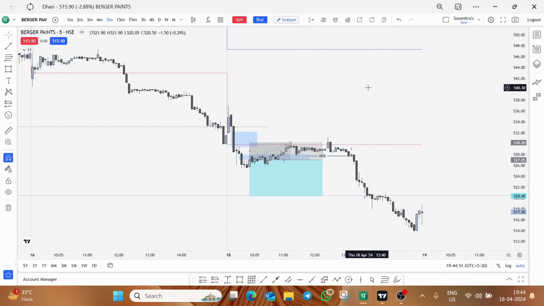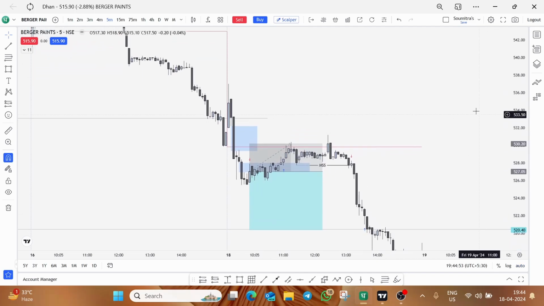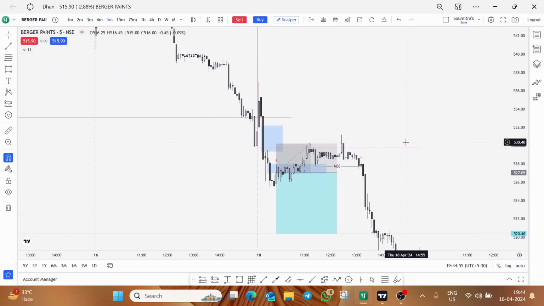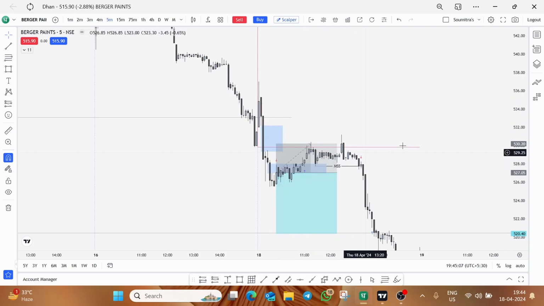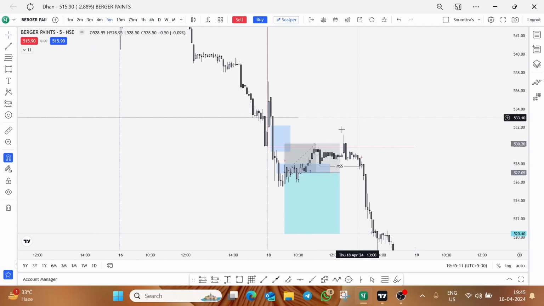So I didn't wait for my stop loss. I just closed the trade when it gave us a bullish candle over this fair value gap on a closing basis. So I exited here with a very small loss.